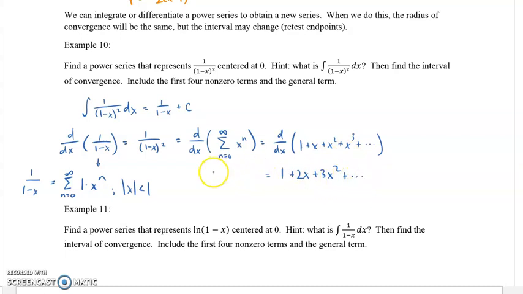And what we can see is this is the same thing as the sum from n equals, well, let's hold off on that equals for a moment. Looks like we're going to have n times x to the n minus 1. Looks like we could start with n equals 0, but that would be a little bit weird because we'd have a 0 term. So let's go ahead and start with n equals 1. Either way is fine, right?